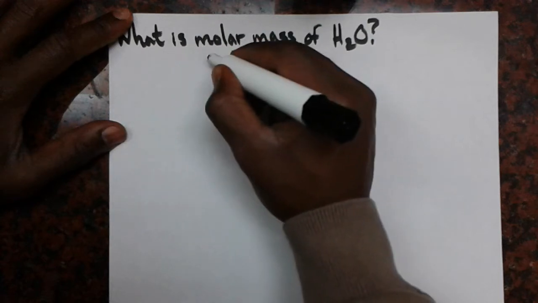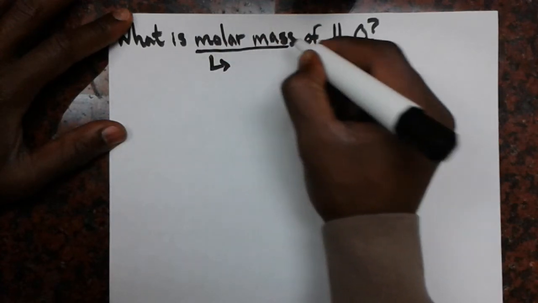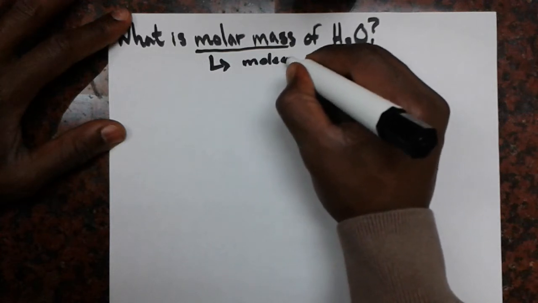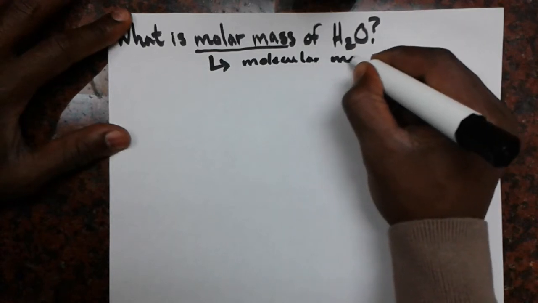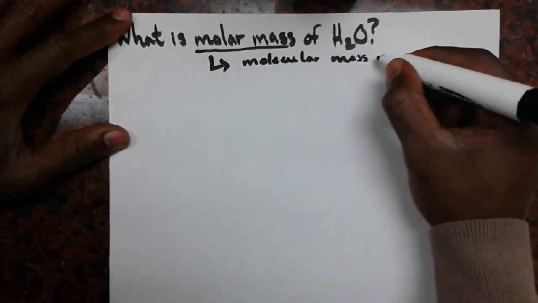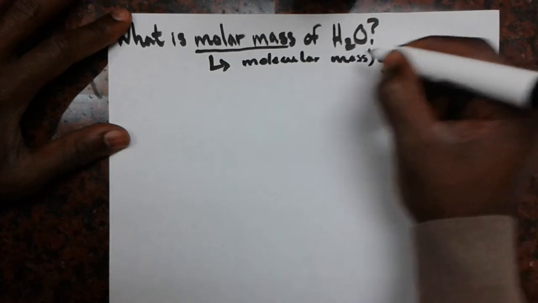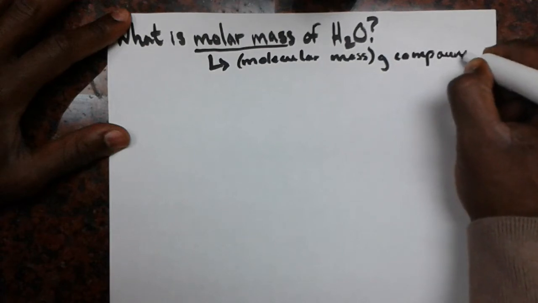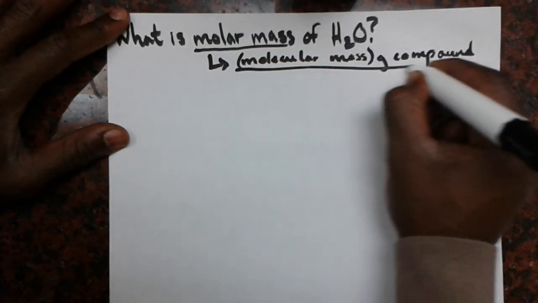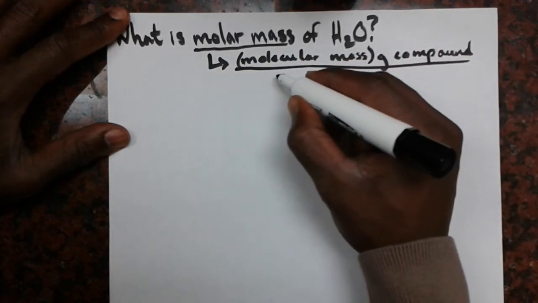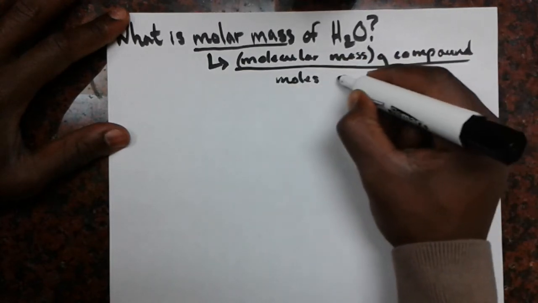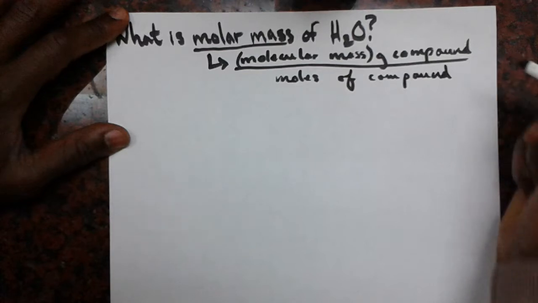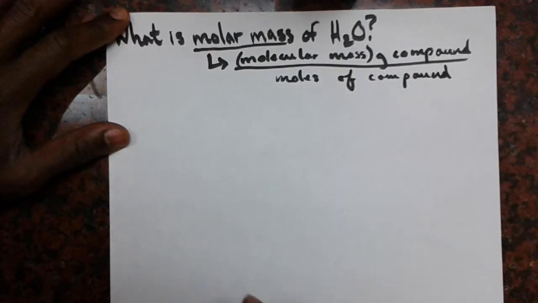So molar mass itself is equal to the molecular mass in grams of a compound, and this is divided by the moles. In this case, the compound is water.